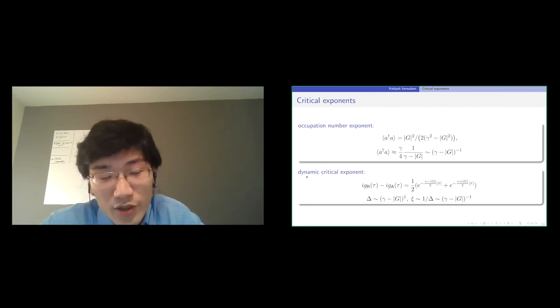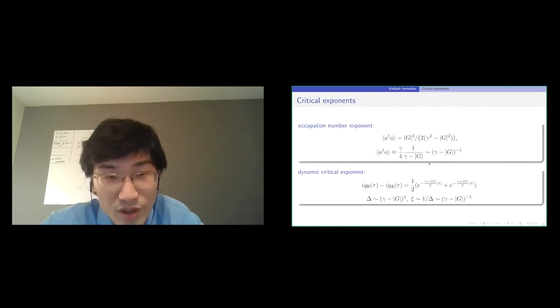Similarly, you can look at the dynamic critical exponent. It is just a measure of how the correlation diverges at the critical point, or in other words, how this decay rate vanishes. You can show that it's proportional to gamma minus G. So the correlation length will be just 1 divided by this decay rate, which is the same as the divergence of the occupation number.